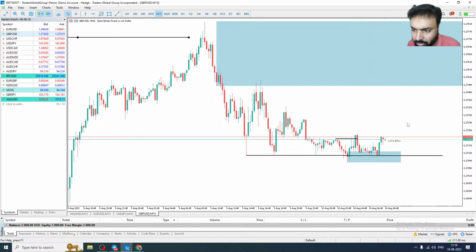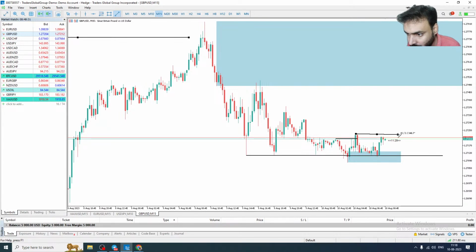But let's wait for one more time. We want to see one more breakout structure like here. Once it's broken, maybe we can try to take a trade once again from here.